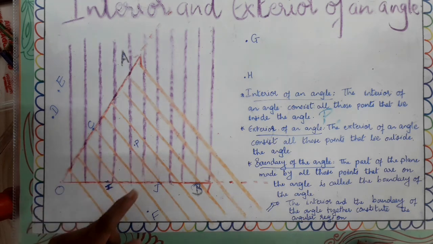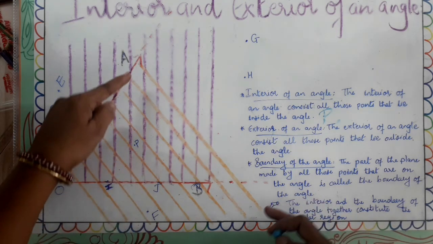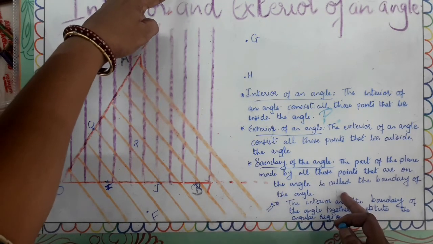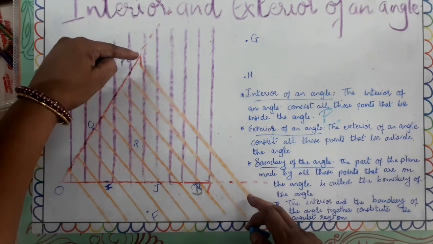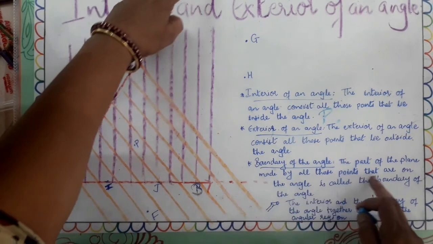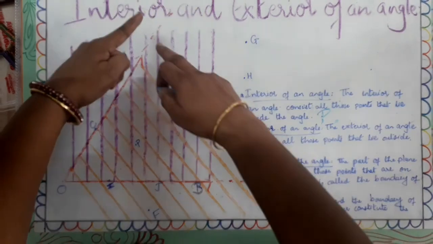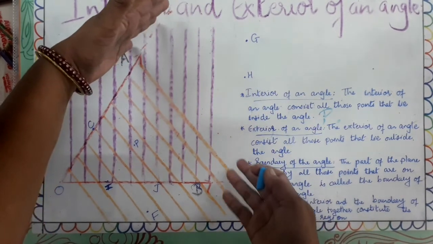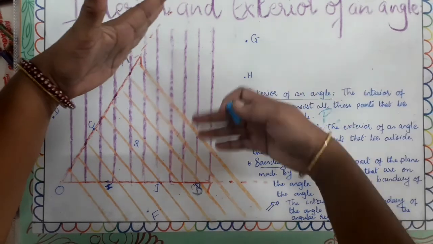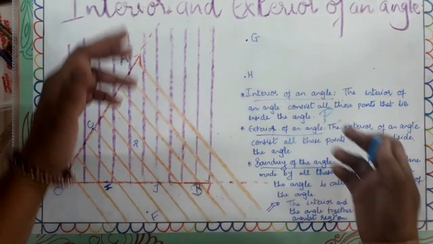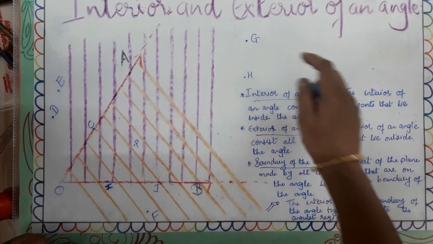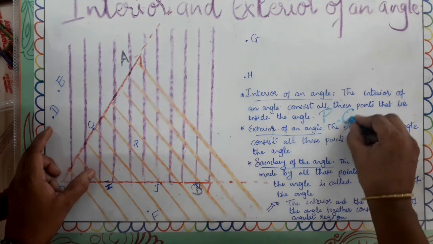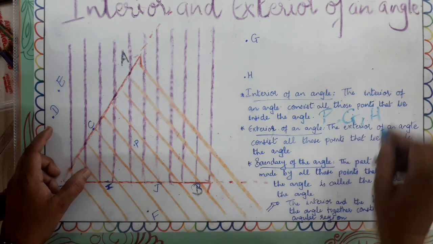So here you should think that when you go on extending the arms, as I said just a few minutes back, still the bordering or the shading will come on both sides, and you may see that G and H are also in the interior of the angle. So don't think that they are the exterior points, rather they are interior points. So here I can include points G and H also.